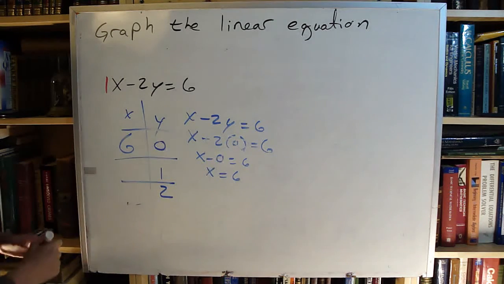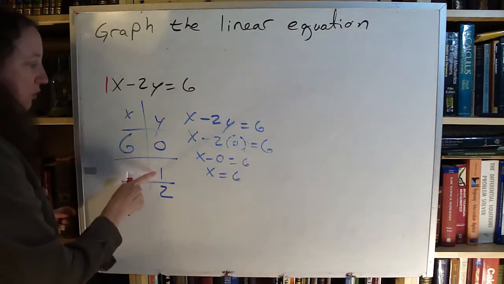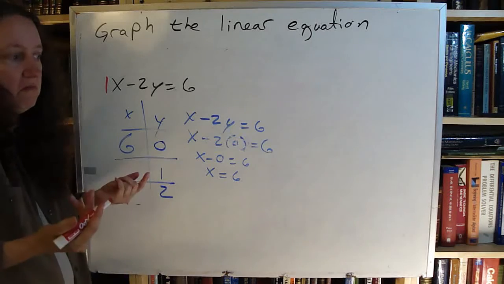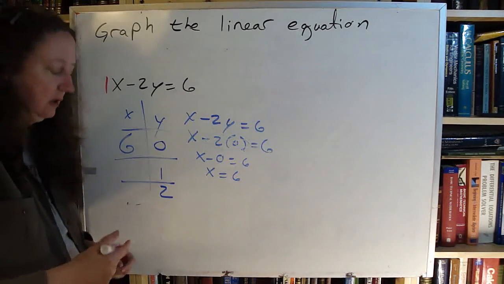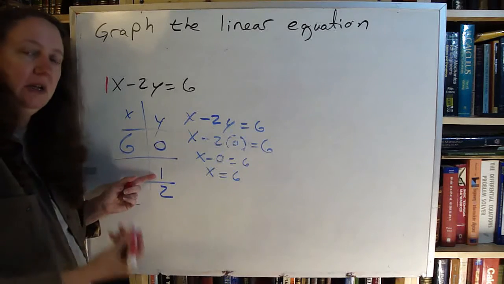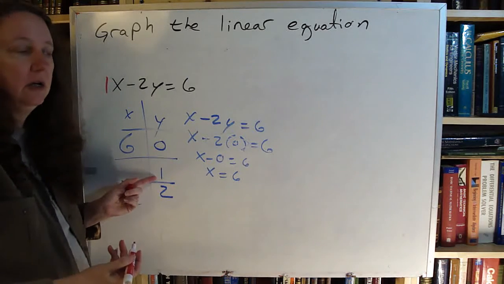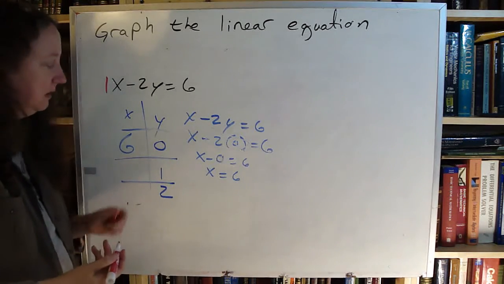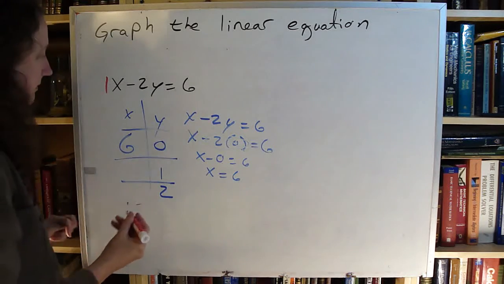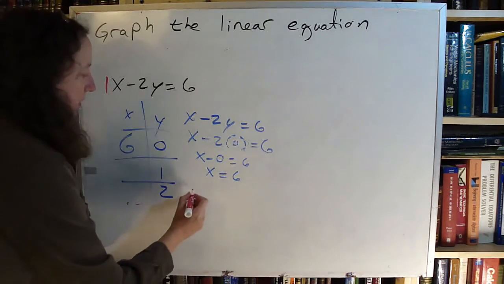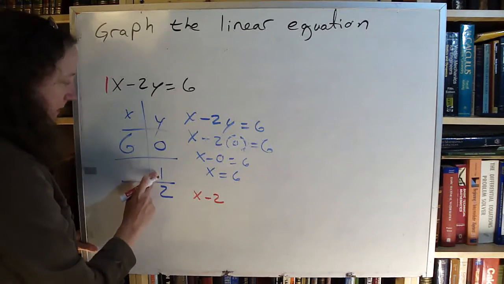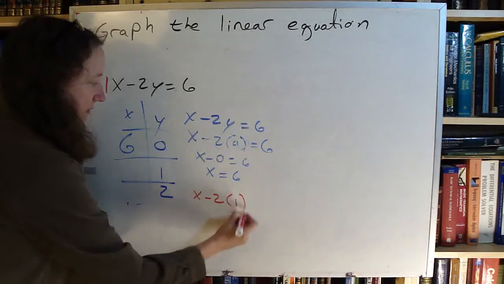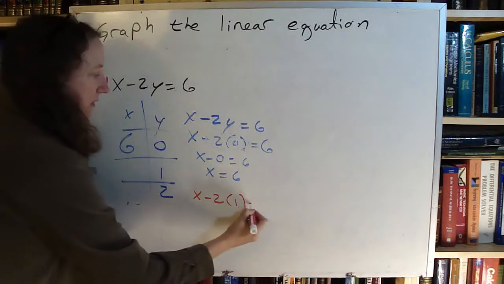Doing my second point. Here I chose 1. Why 1? Why not 1? You get to choose any number you want. So 1 is an easy number to multiply by, and it's an easy number to add. That's why I chose 1. So I have x minus 2 times y, I'm going to use the 1 there, equals 6.